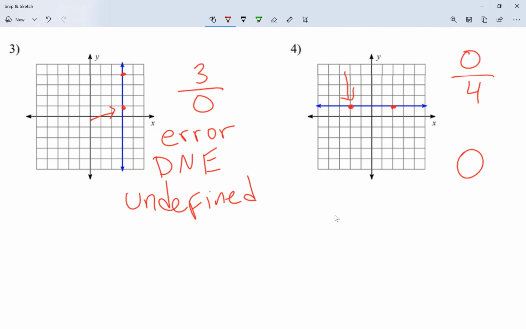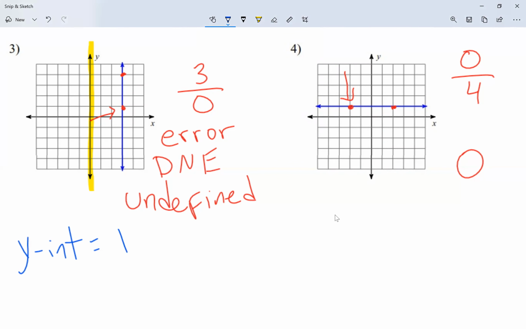Now, let me figure the y-intercept. For question number 3, let me highlight the y-axis. Because I'm talking about the y-intercept. Then I'm asking myself, where on the y-axis does my line cross the y-axis? It doesn't cross.